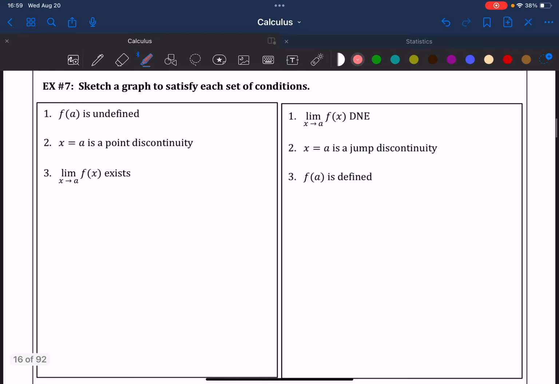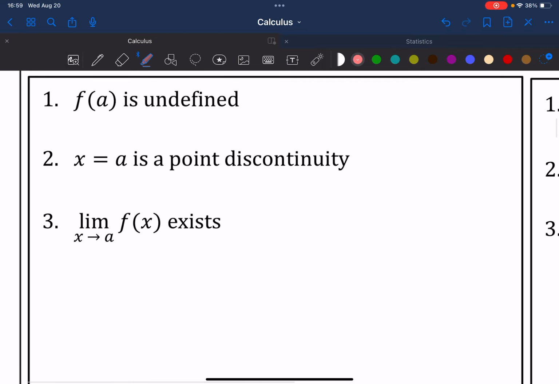Last example here is, okay, now knowing what we know about limits, can we sketch a graph to satisfy each of the conditions? So this first one says f of a is undefined. Well, if f of a is undefined, that tells me maybe there's an open circle somewhere.